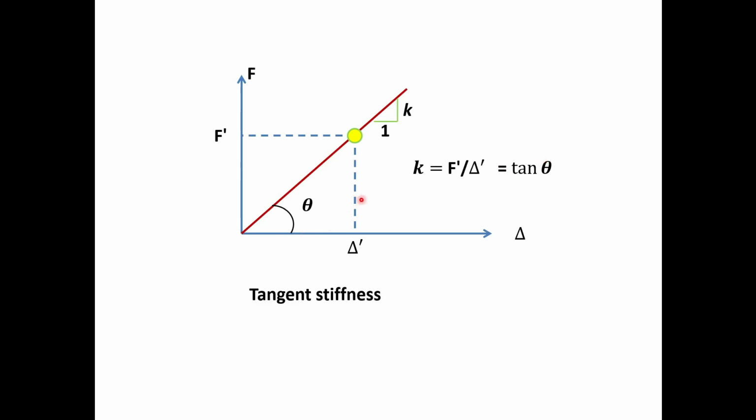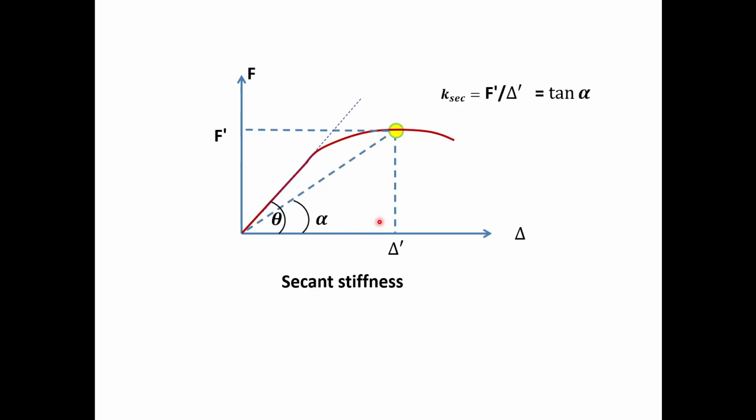We are making a difference here between the normal stiffness and the second stiffness. Normal stiffness is the slope of the initial force deformation line, which is given by tan theta, force divided by the corresponding deformation. In the nonlinear system, that will not hold good because it is not a linear elastic Hookean system.